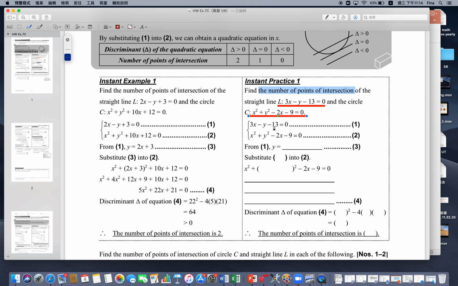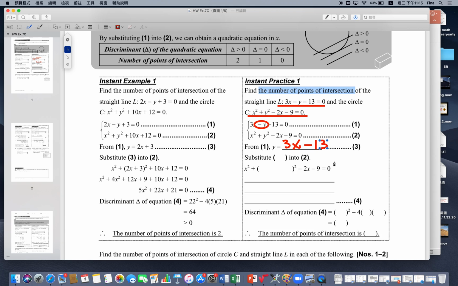The subject is the only variable on the left-hand side. I may move y to the right-hand side, and then it becomes positive y. On the left-hand side, it is 3x minus 13. So here I can make y the subject.